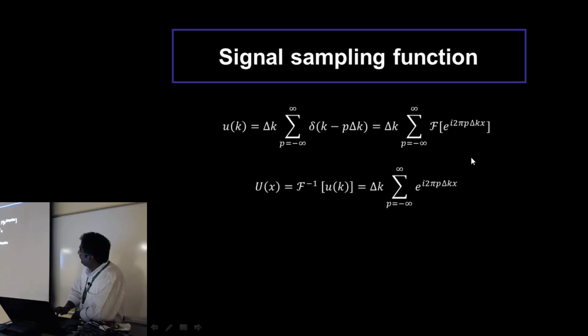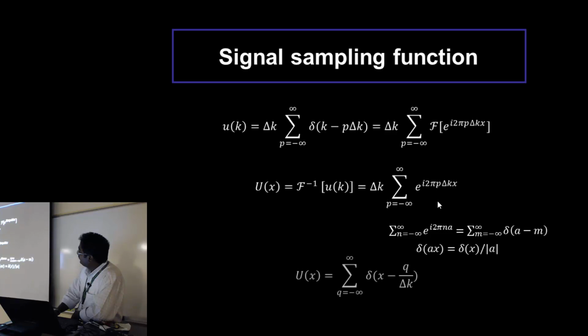So that can be written as such, and then if you take the Fourier transformation of that, this is the image space representation of such a sampling function. Now if you use a few relations to simplify that, you will end up with this, meaning that this is a delta function which is repeating itself every 1 by delta k width. Okay, is that clear?